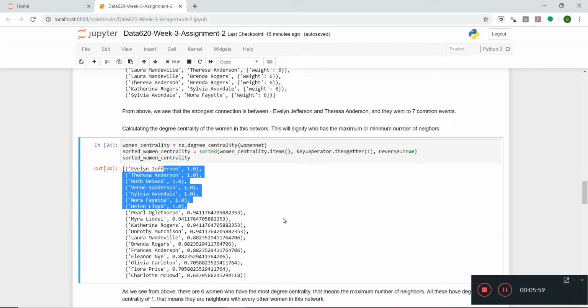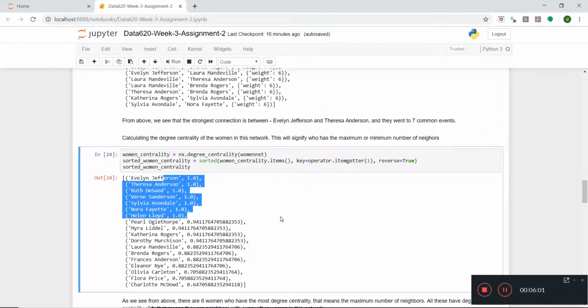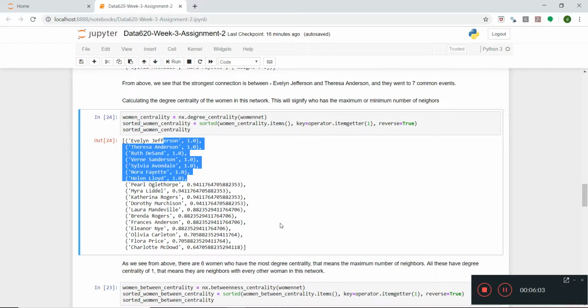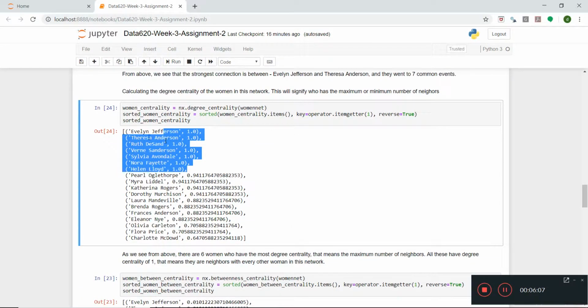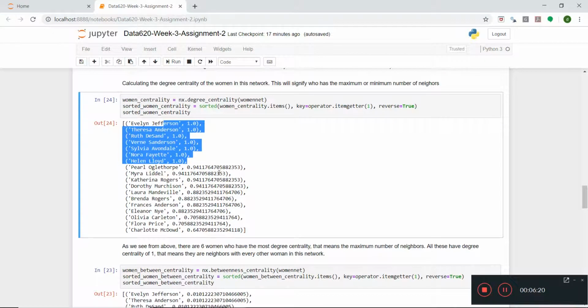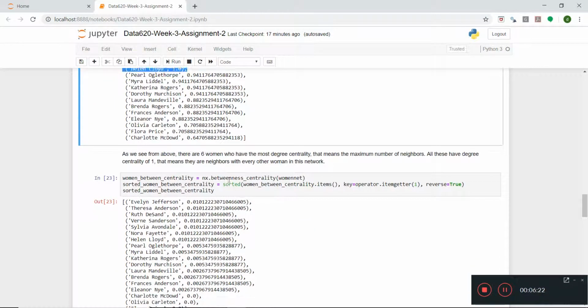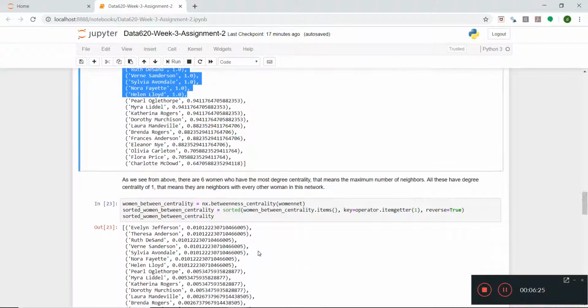That means they were neighbors with all of the other women based on the events they went to. All of these women went to at least one event with each of the other women, so they shared events with all the women. That's why they have a centrality of 1.